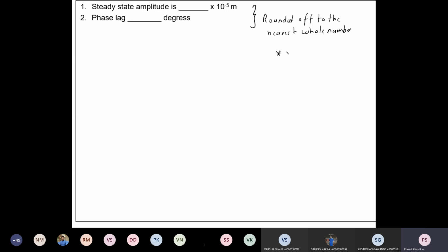So if it is 345.9, then this has to be rounded off to 346. If something is 345.1, it is rounded off to 345. Okay. So if the value after the decimal is greater than 0.5, take it to the higher value. If it is less than 0.5, take it to the lower value. Okay. So all these values are to be rounded off in this format.